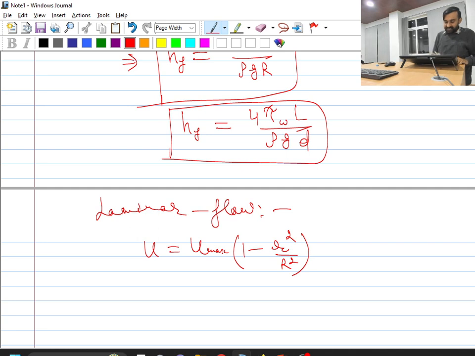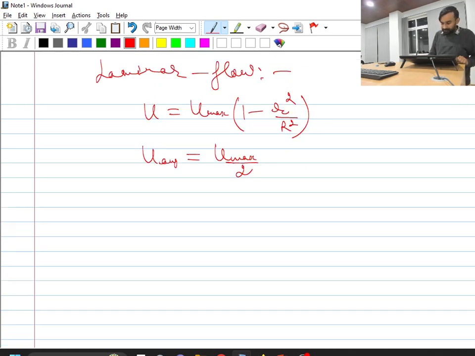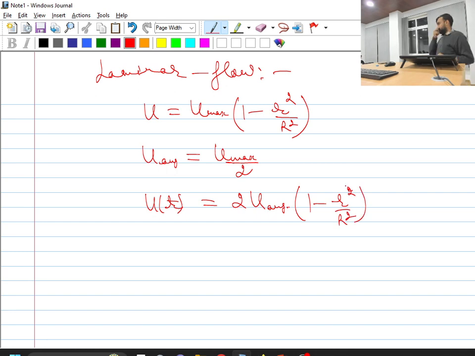And if I define U average, it is nothing but equal to U max by 2. Is this point clear? What was U average? U max by 2. So I can write this velocity profile as U as function of r is nothing but equal to 2 times U average into 1 minus r square by capital R square.